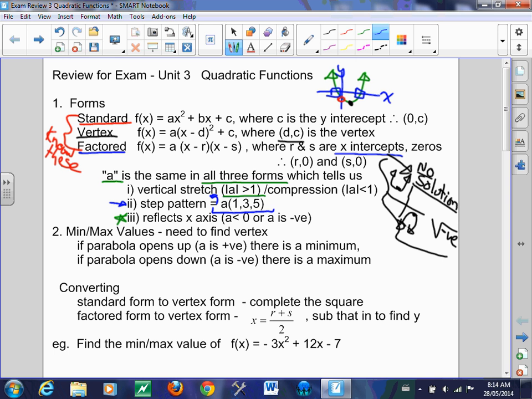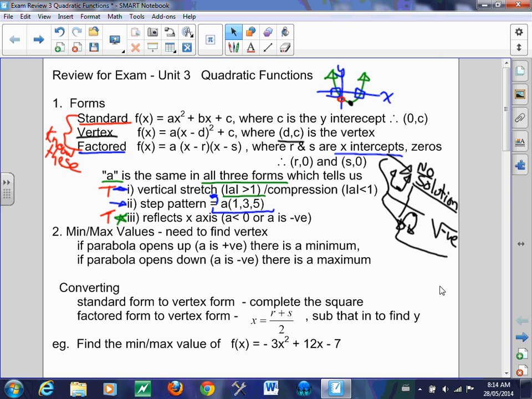So the transformation information is this one. I'll put T here and T here. Those are your transformation information. The step pattern is helpful when you graph. It helps you decide if you've got a stretch or compression in the vertical sense, but it's not what you would list under a transformation.